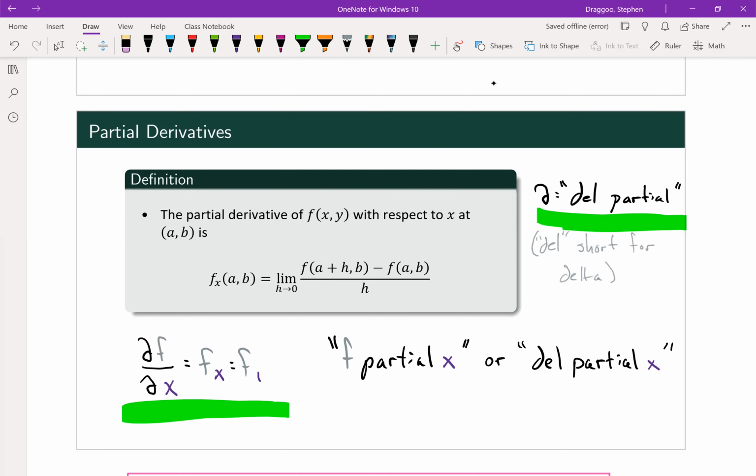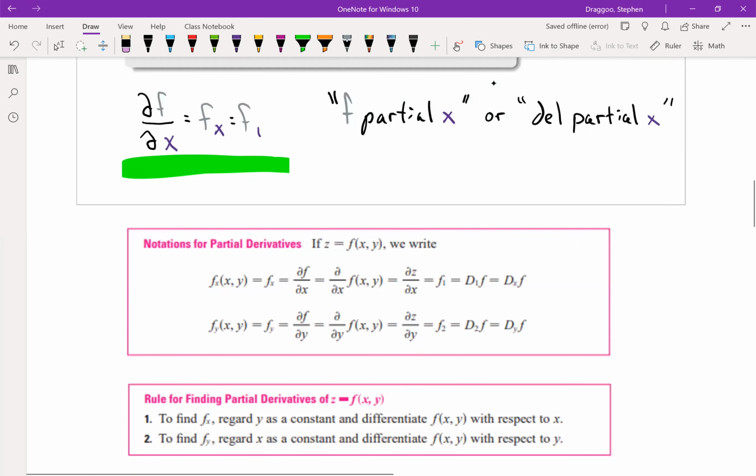And then another notation, f sub 1, just lets us generalize our variables. So this is the partial derivative of f with respect to the first variable, since we don't necessarily need to use x, y, and z all the time. We could have other variable names. And in that case, f sub 1 for the first partial derivative.